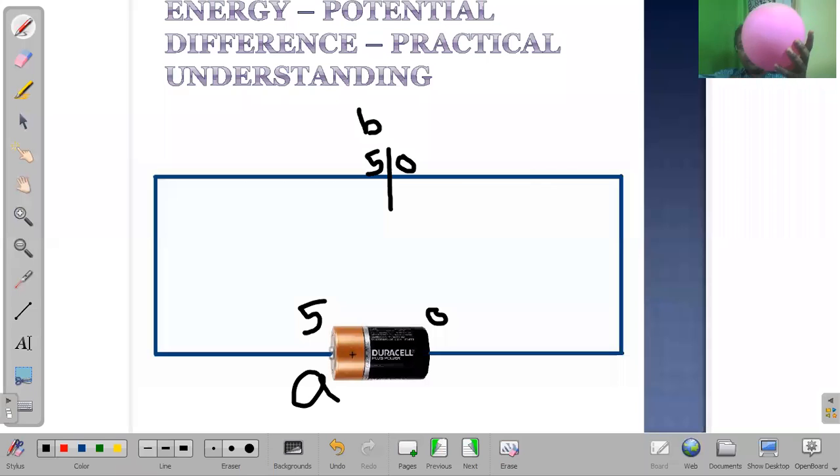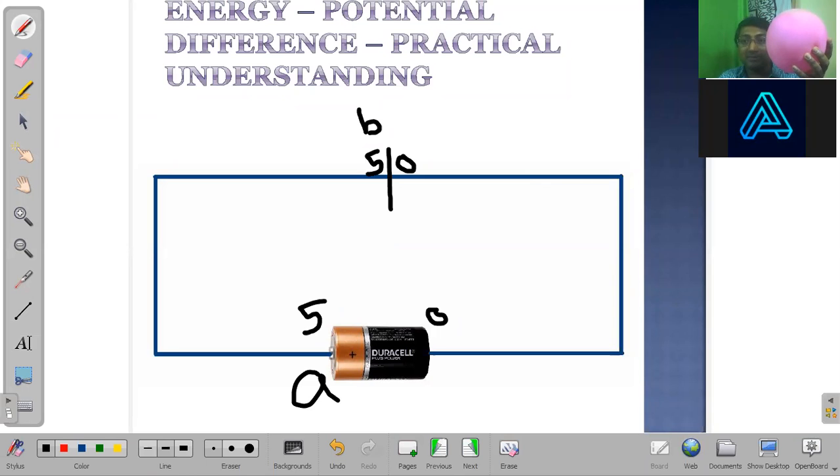Outside the balloon, there is pressure, and inside the balloon, there is pressure. Which is at high pressure? Is it inside the balloon or outside the balloon? High pressure is inside the balloon and low pressure is outside the balloon, relatively.